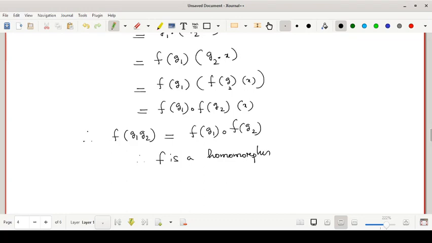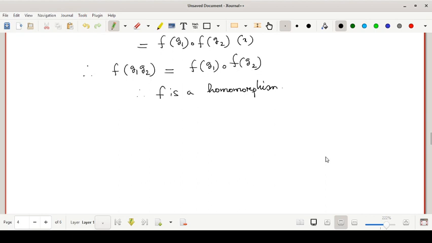Okay, so I have proved that if G acts on X, then there is a homomorphism from G to Sx. Now, conversely, let us change the notation.